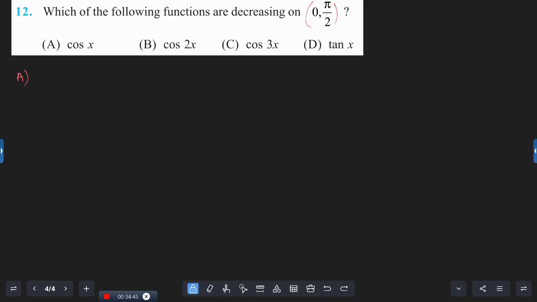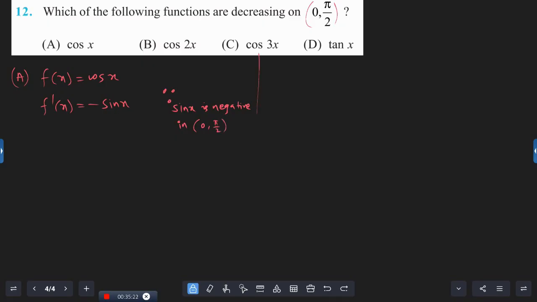So option A. Suppose I take f of x is equal to cos x. When I differentiate cos x, the derivative is minus sin x. So you should check whether minus sin x is increasing or decreasing in 0, pi by 2.